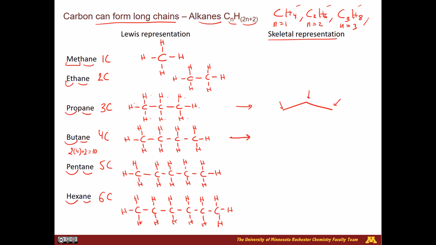What would butane look like? So 1, 2, 3, 4. 1 carbon, 2 carbons, 3 carbons, and 4 carbons. That is the representation of butane in this case. The representation of pentane: 1, 2, 3, 4, 5. That's it. What is the representation of hexane? 1, 2, 3, 4, 5, 6.